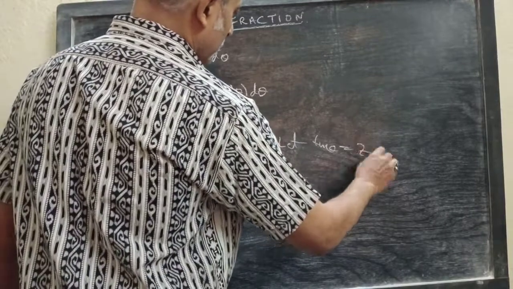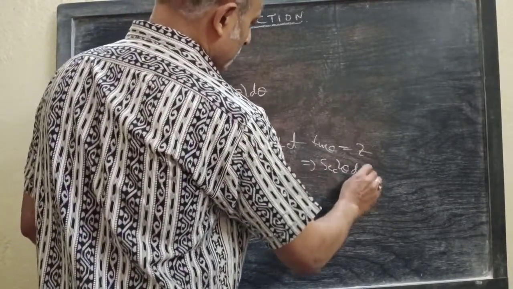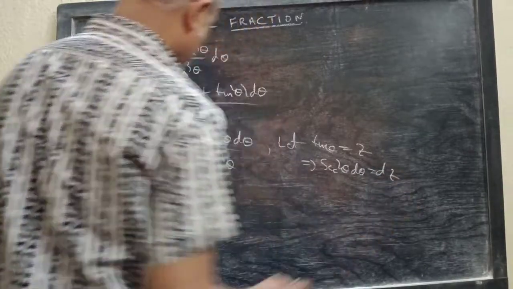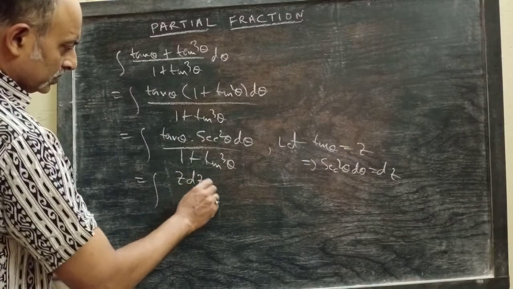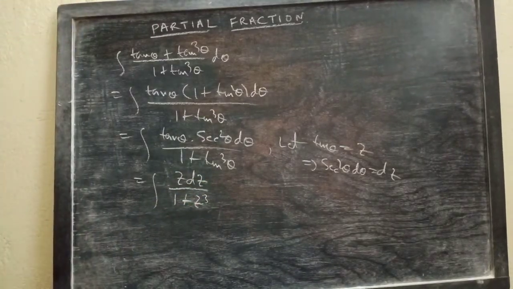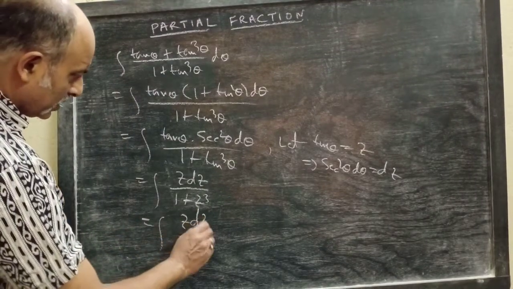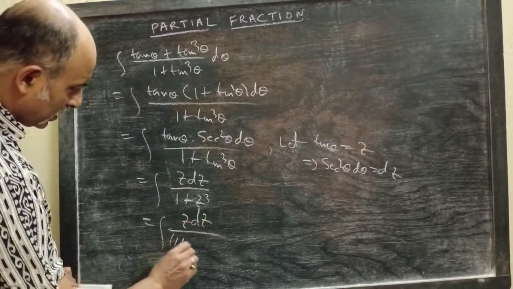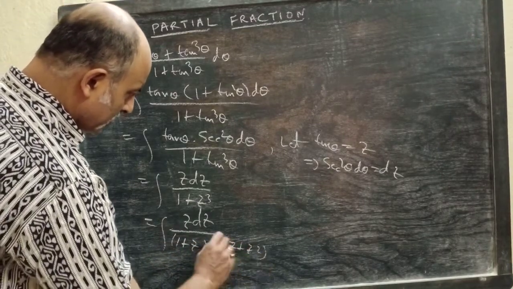Let tan theta equal z, that implies sec square theta d theta is dz. So this becomes z dz by 1 plus z cube. Now this can be written as z dz by 1 plus z into 1 minus z plus z square.